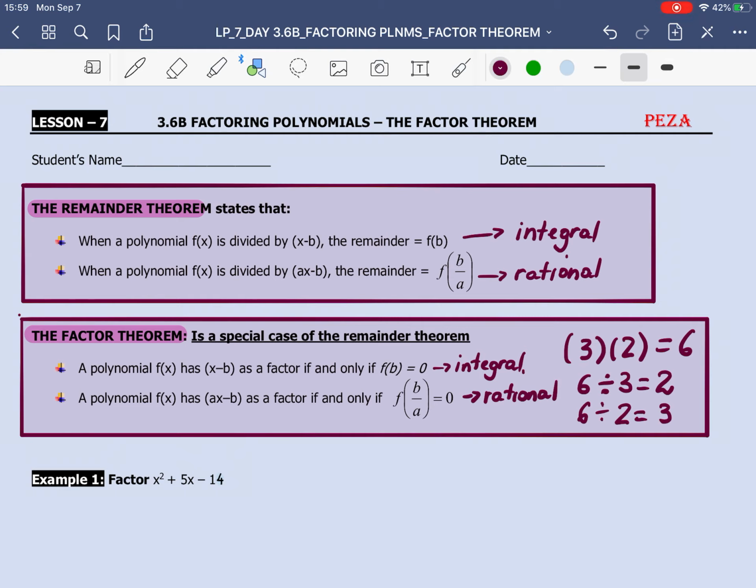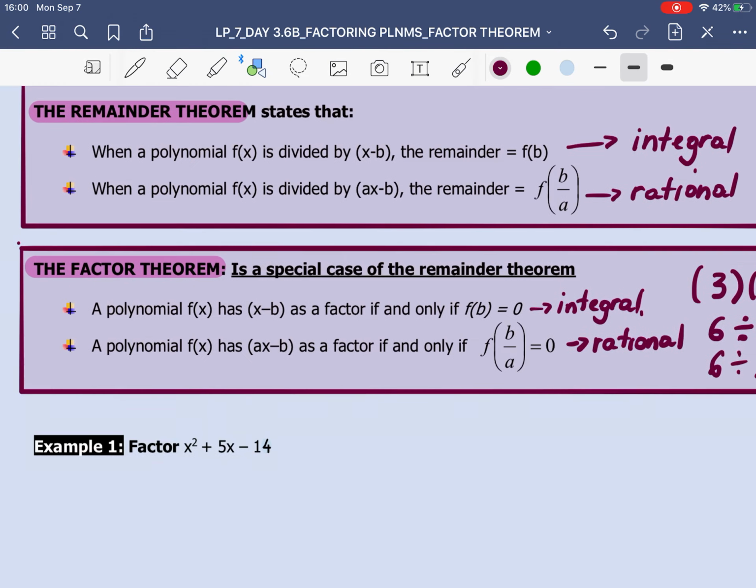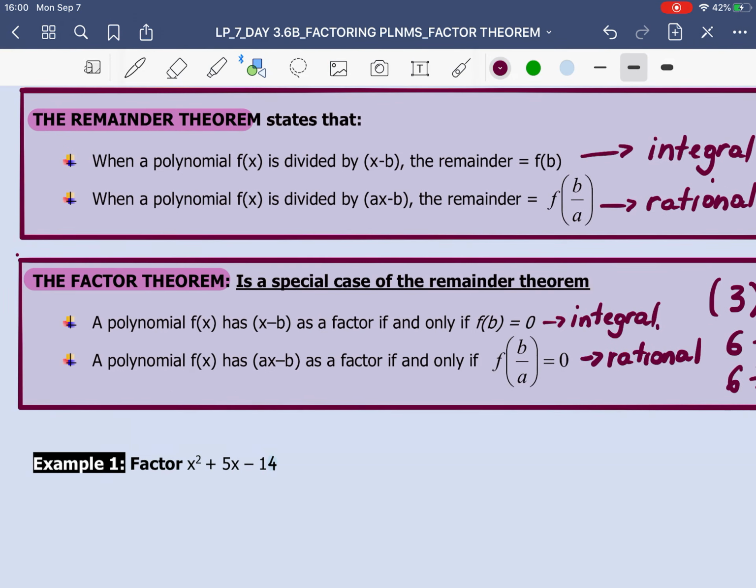I took as an example a very familiar polynomial, a second-degree polynomial, which you know how to factor even if you didn't know anything or never heard of remainder and factor theorem, because you have learned how to factor this trinomial in grade 10.